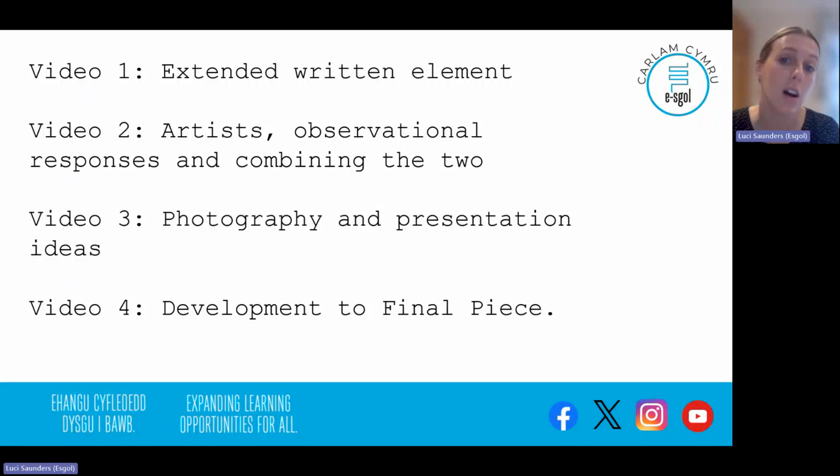You might decide to start with photography and presentation and then look at artists. It doesn't really matter. You can dip in and out of them as you see fit. It might be a nice idea to watch all the way through and then see where you need to go to improve or gaps that you think you might have, but there's no right or wrong way.